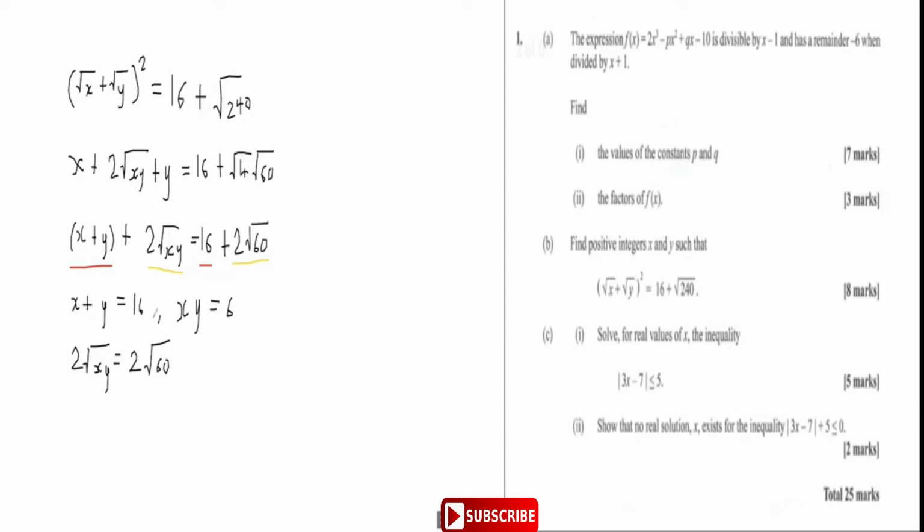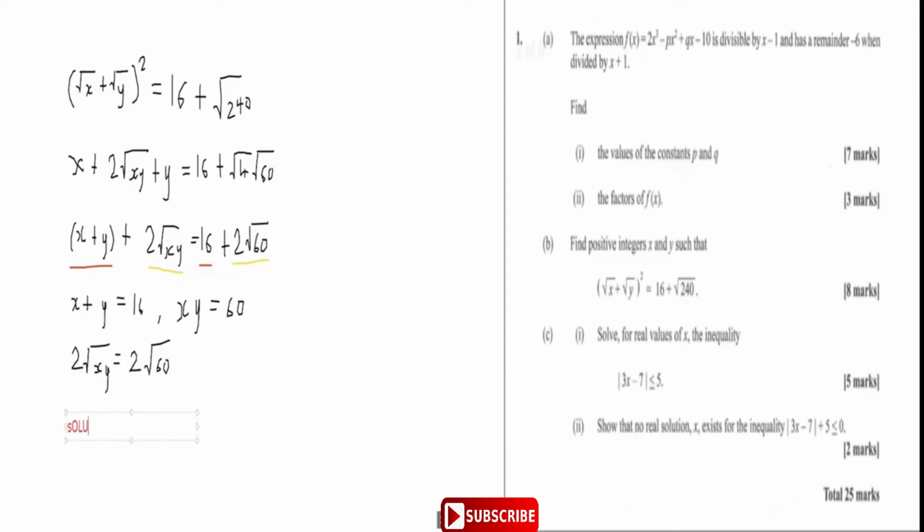Nice. Now if x plus y is 16 and x times y is 60, the only possible solutions are x equals 10 and y equals 6, or x equals 6 and y equals 10. 10 plus 6 is 16, and 10 times 6 is 60. So that's the only solution. Let's write that down.